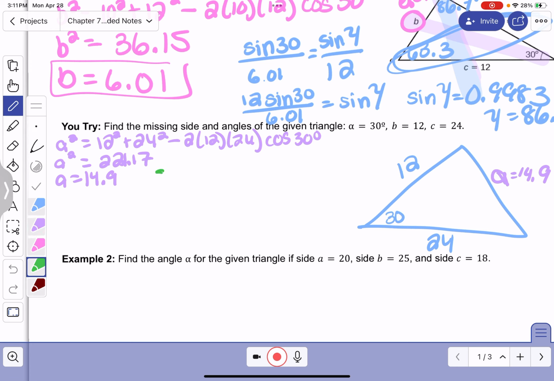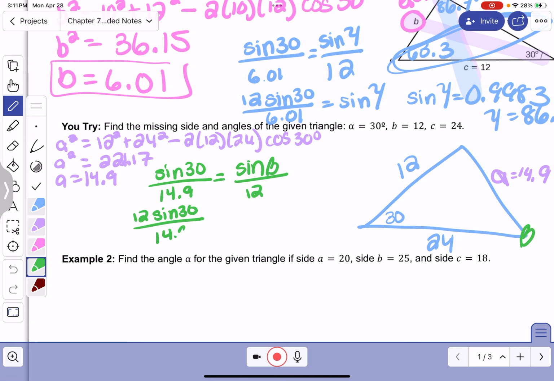So if I do sine of 30 over 14.9 equals sine of beta over 12, we would do 12 times sine 30 divided by 14.9 gives us sine beta.